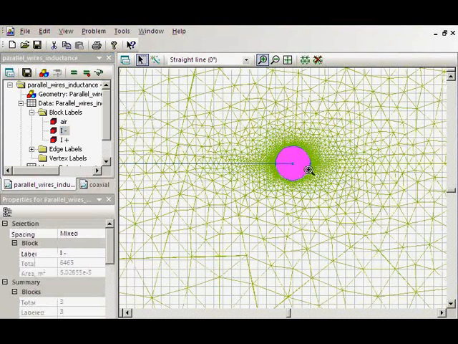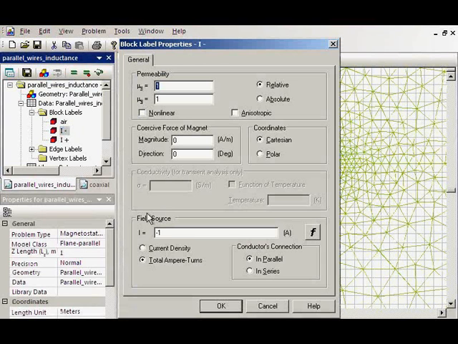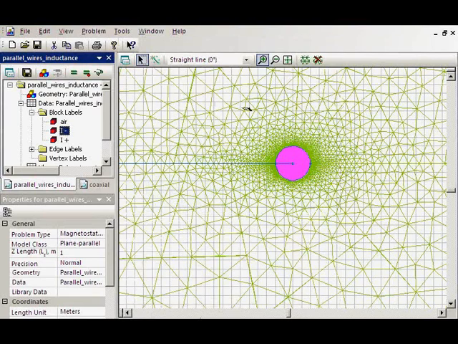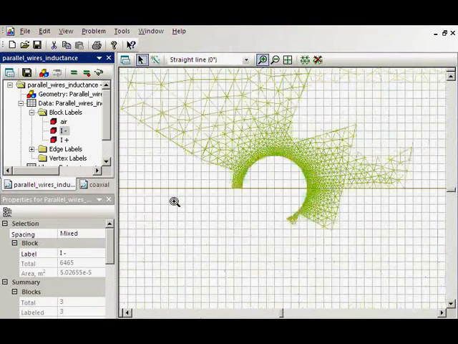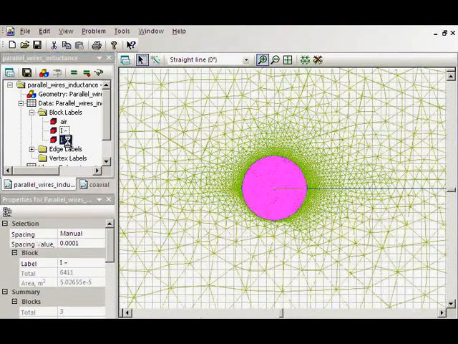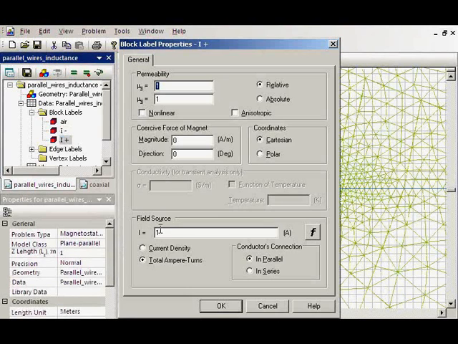This is the back current. I set -1 ampere in this conductor. And this is the conductor with direct current, 1 ampere.